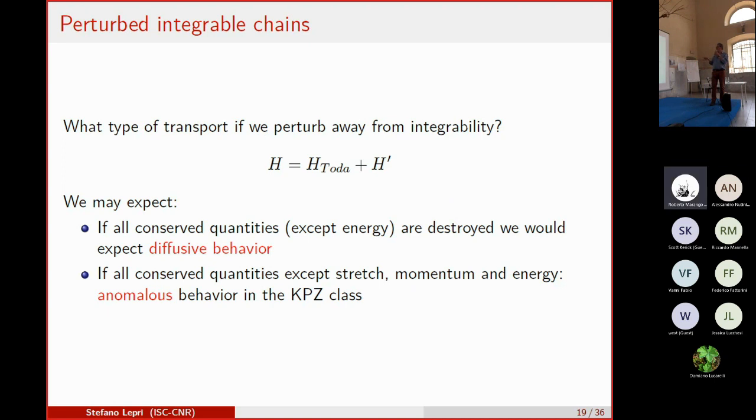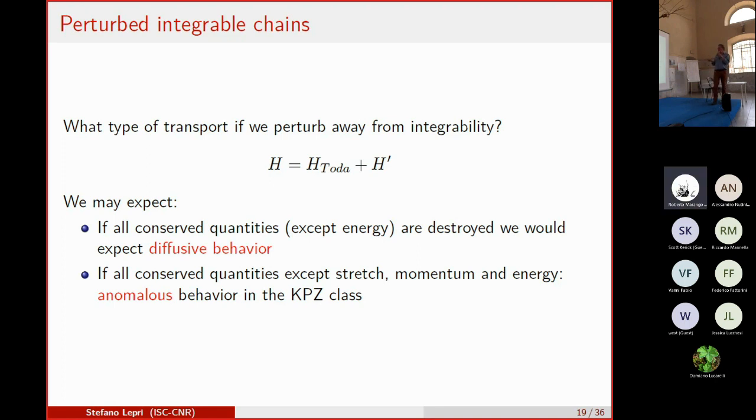If this perturbation H prime destroys all the conserved quantities, except, for example, the energy, which has to remain, what should I expect? Well, I should expect to have a diffusive transport, because I know that usually in this situation, the system will display diffusive transport. So it would be a normal conductor in a sense.